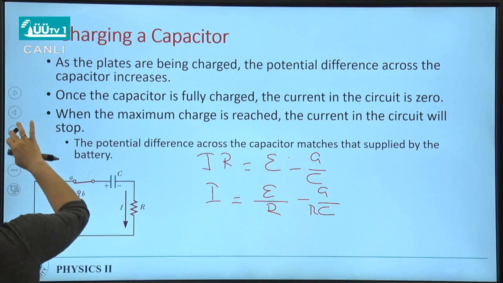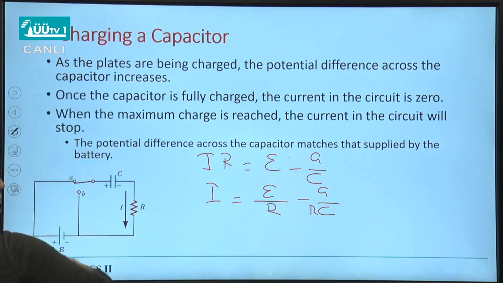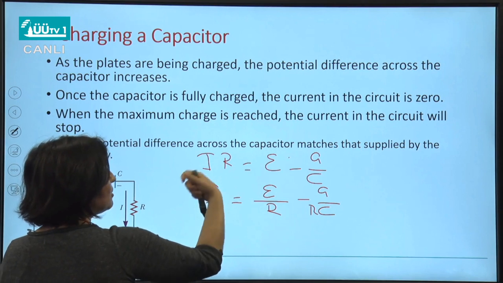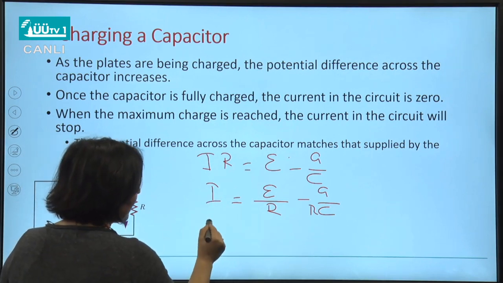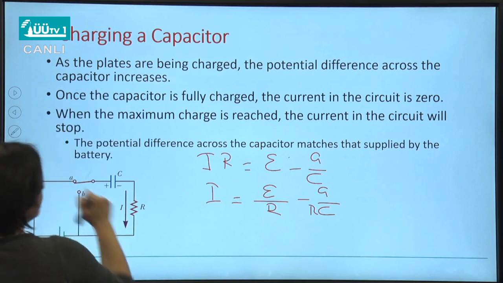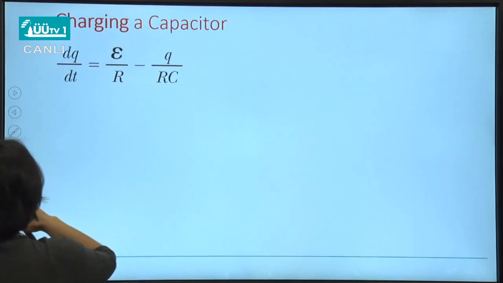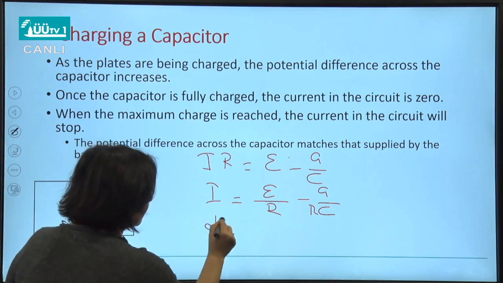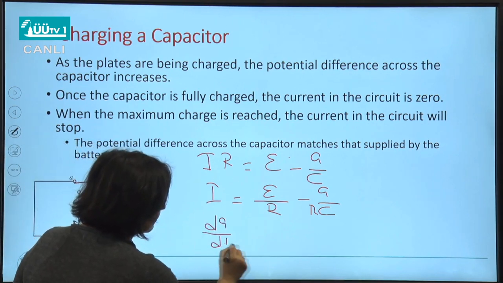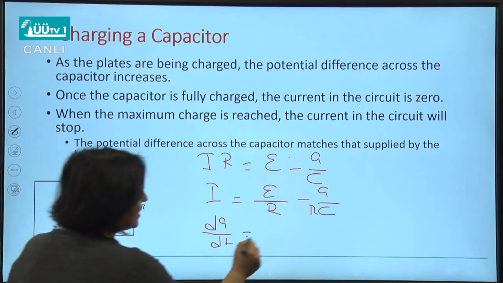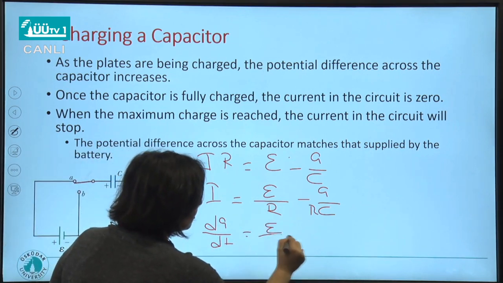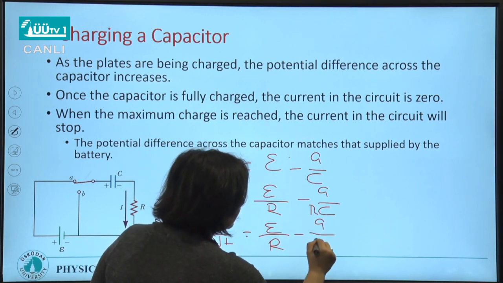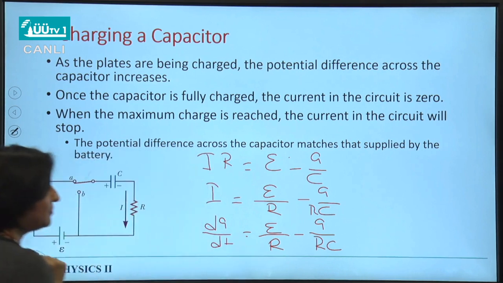And finally, as mentioned before, now the current is not constant, it is changing with time, so we can write it as dq over dt. dq over dt will be equal to epsilon over R minus Q over RC.